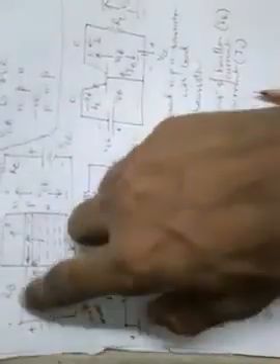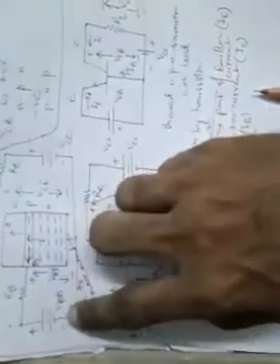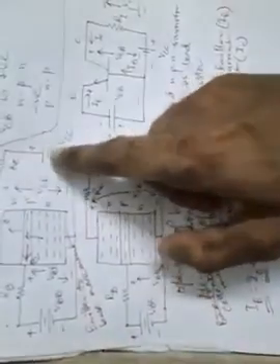Some of the electrons will be lost by the process of recombination to go out through the base terminal into the positive electrode of VBB, which will constitute the base current, but the major number of electrons will be passed on to the collector area, will constitute the collector current, and they will eventually escape through this collector resistance RC to be collected by the positive terminal of source voltage VCC. So this is the way of operation of a biased transistor and the mechanism of amplification by the transistor.